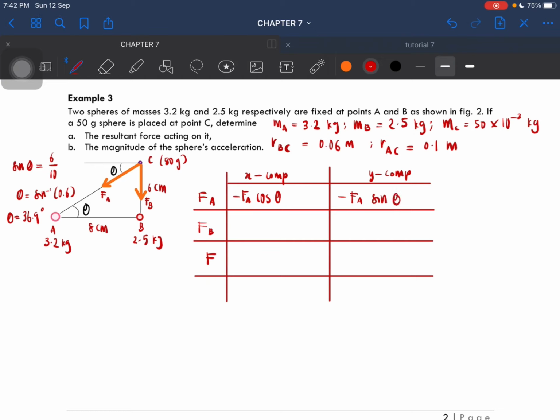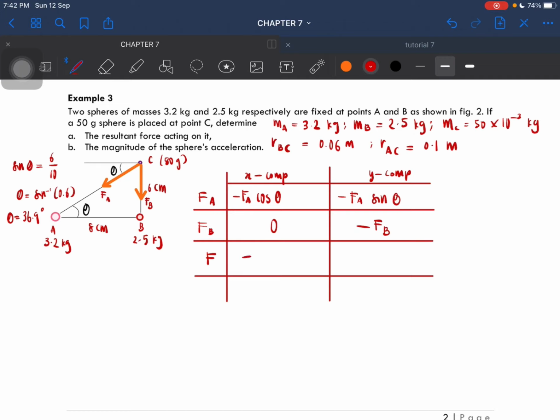Then let's look at point B. Since this is 90 degree to the horizontal, the X component will be equal to 0. For the Y component, since it is pointing downwards, it will be negative, so just negative FB. So add those together.